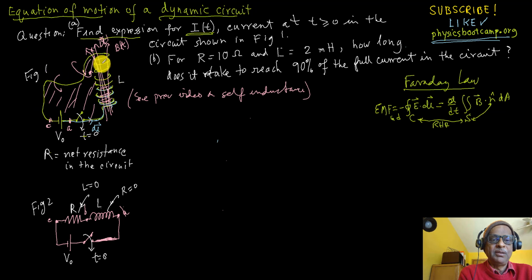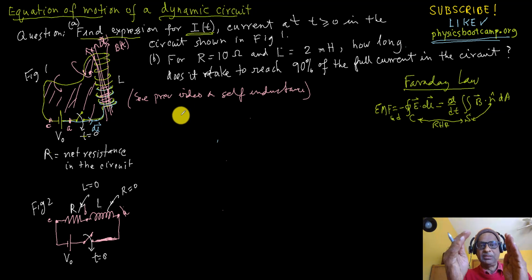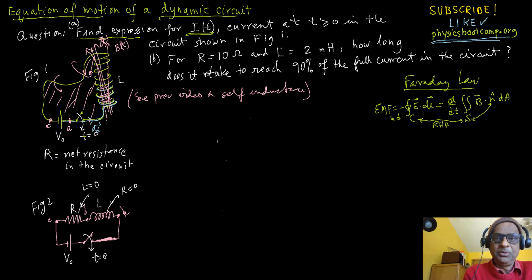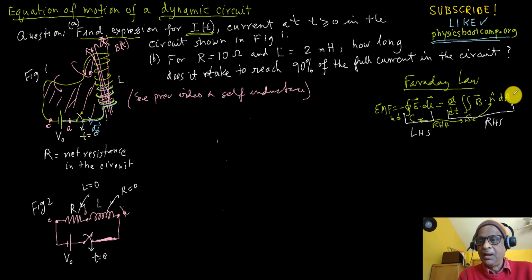That's basically what's going on: the electric field, E dot dl. There are going to be local voltage drops. If you're going in the same direction as the current, you have a local voltage drop. I'm going to call this the left hand side and this the right hand side.